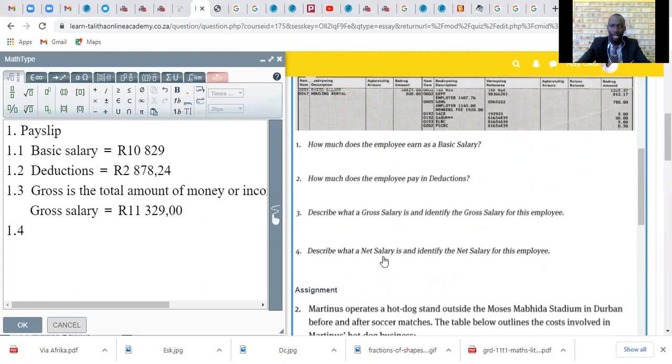Now, describe what net salary is and identify the net salary for this employee. Well, what is going to be our net salary? That's the question. After that, we would like to find out some piece of information relative to that. And how do we find out? Well, for the net salary, let's check right away from the payslip.